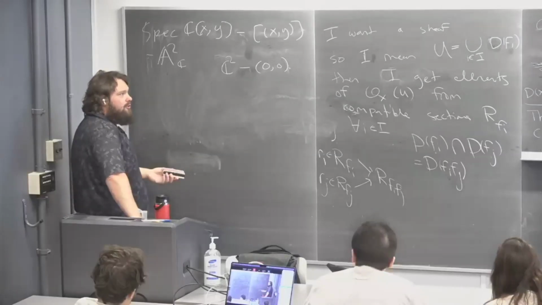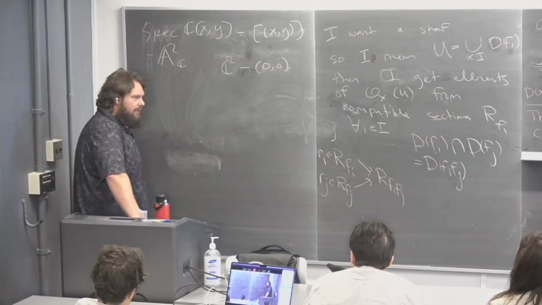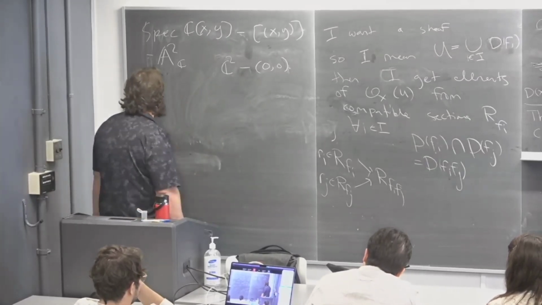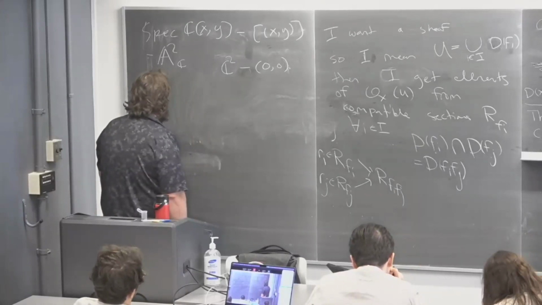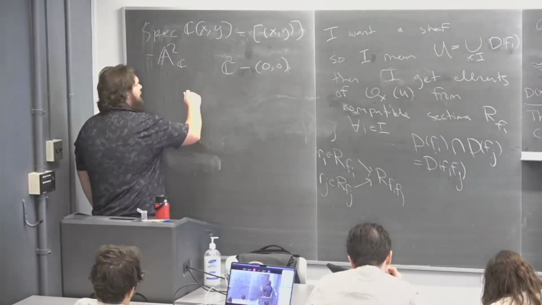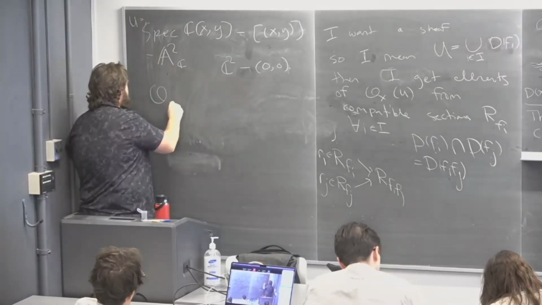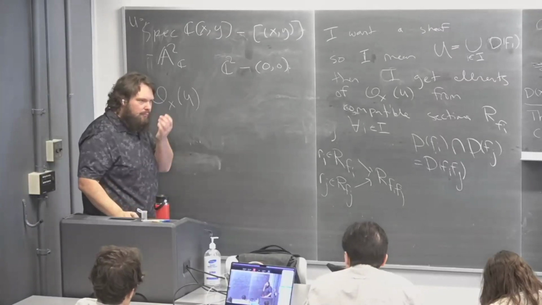And then I also have all the other prime ideals, but let's not worry about those. Any closed subset that isn't one point will still survive when I remove the origin, so I don't need to get rid of those other primes. Let me call this U. What happens if I take O_X and look at it on U?